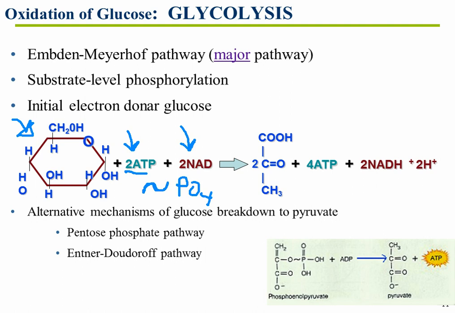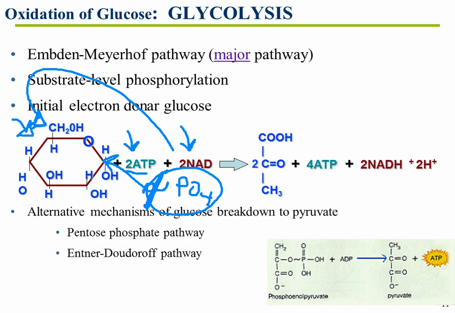All right, so we're going to split off that high energy bond, and we're going to take that phosphate with this high energy bond and we're going to stick it onto a carbon of glucose. And we're going to do the same thing with a second ATP. We're going to take another high energy phosphate and we're going to stick it onto another carbon, and we've now made a diphosphate molecule. It's now called fructose diphosphate. We have stuck a high energy phosphate on both ends.